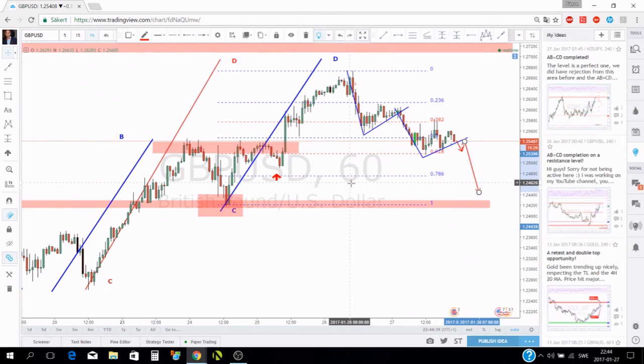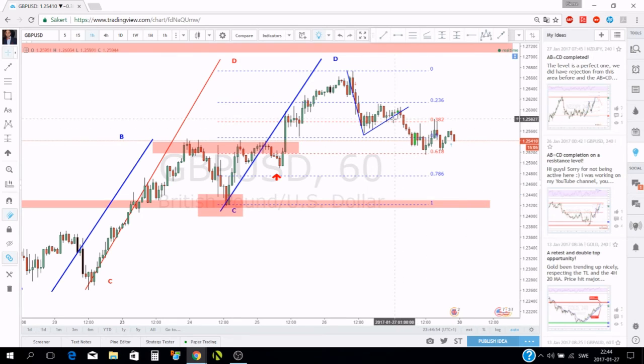The trend is or was very strong up, so I was expecting a reversal already from this level here, but it looks like there is more to the downside maybe, so it is worth keeping an eye on for next week too.